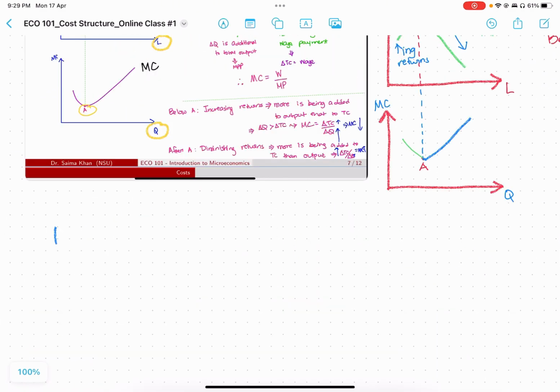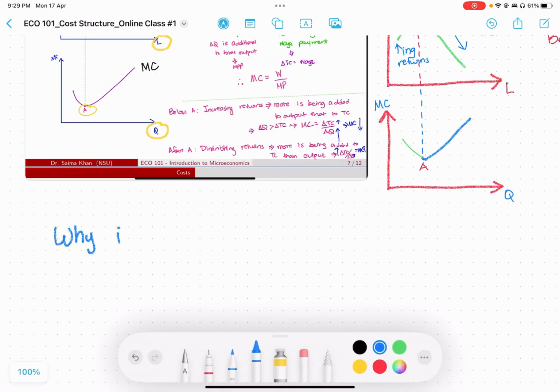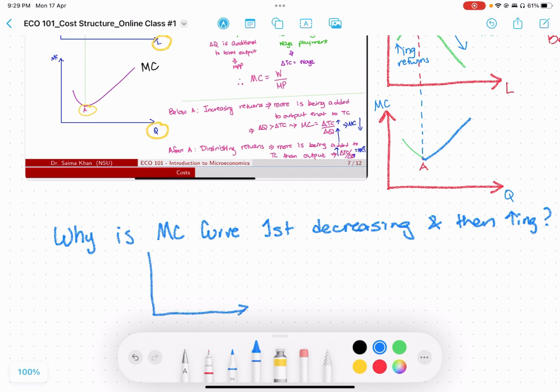So what if I ask you, why is the marginal cost curve first decreasing and then increasing? Why does the marginal cost curve look like this? What is the answer that you're going to have here?